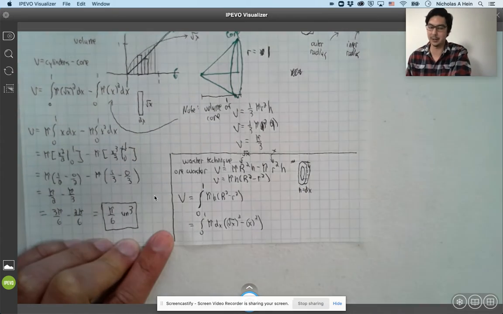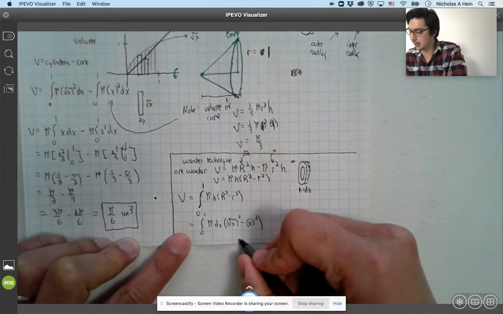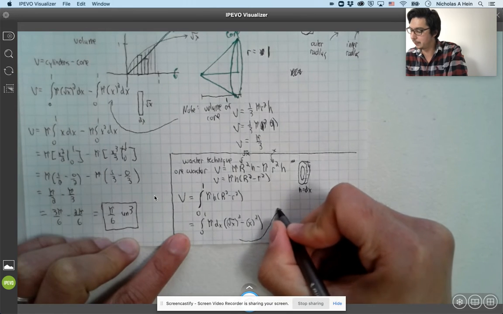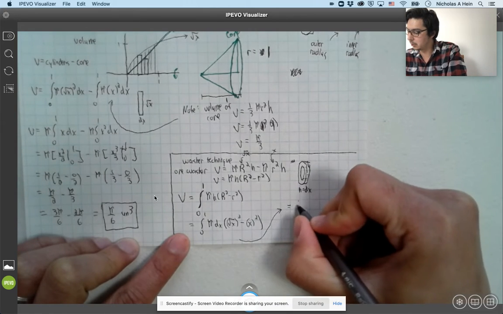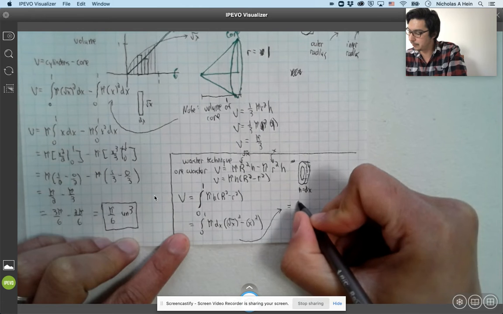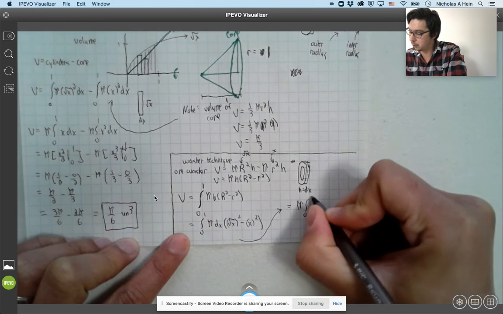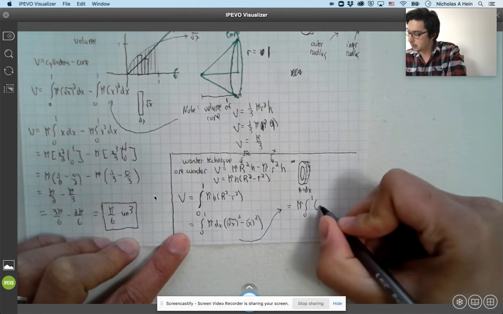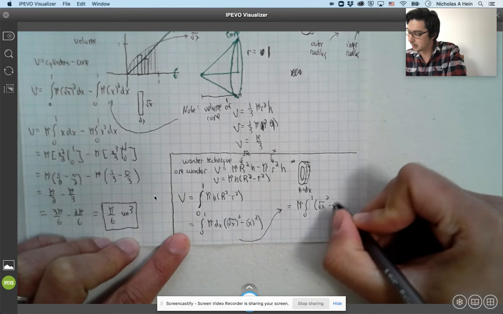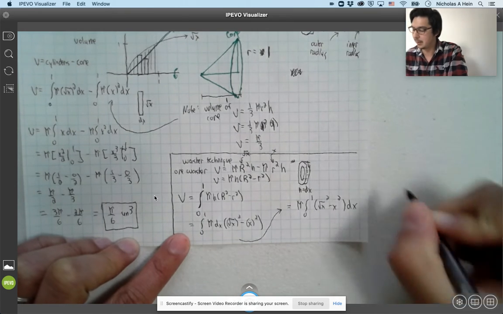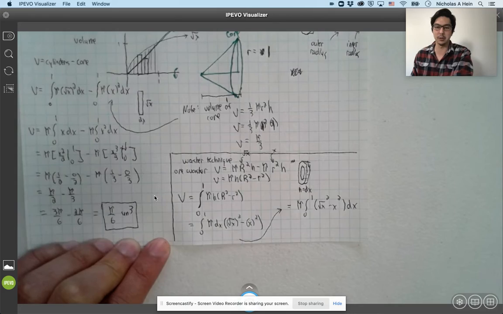And there it is. Now, cleaning up, we always just put the dx on the outside. So this is equal to, and I'll bring the pi out as well, pi times the integral from 0 to 1 of the square root of x squared minus x squared dx. And that's your volume of a washer.